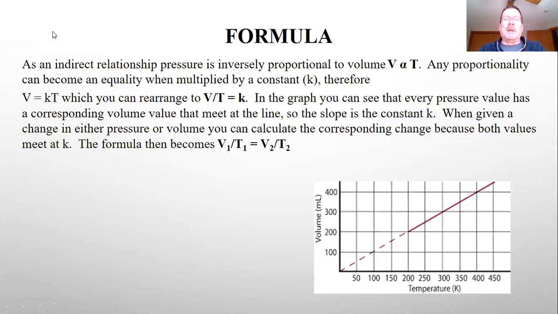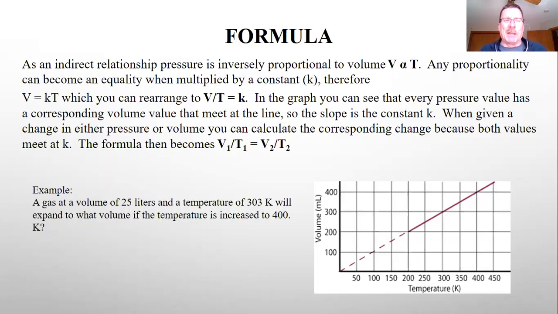It becomes V over T is K. Think of the combined gas law. Now we're holding pressure constant, so it's not really a factor; it's canceling on both sides. Then V over T equals V over T. So Charles's law is V1 over T1 equals V2 over T2.